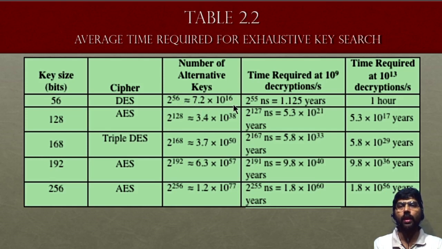Lots of options are there. Now if you use the first supercomputer, it will take about 1.125 years to break the code if you use the brute force technique to identify the secret key. But if you use the second supercomputer, it will take 1 hour just to identify the secret key.